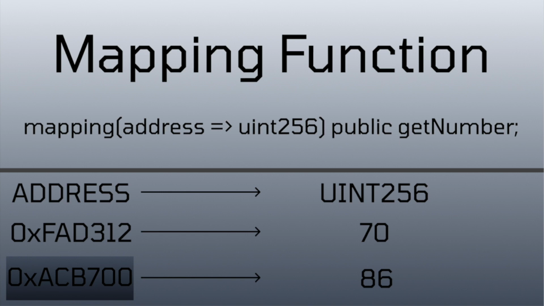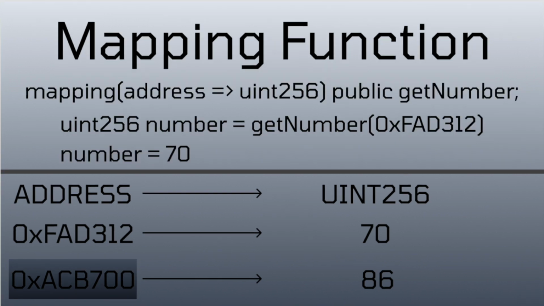In this case, we will pass an address to the mapping to get a unique integer. For example, if we pass the first address to this function, we will get the number 70 because that is the value associated with this address.